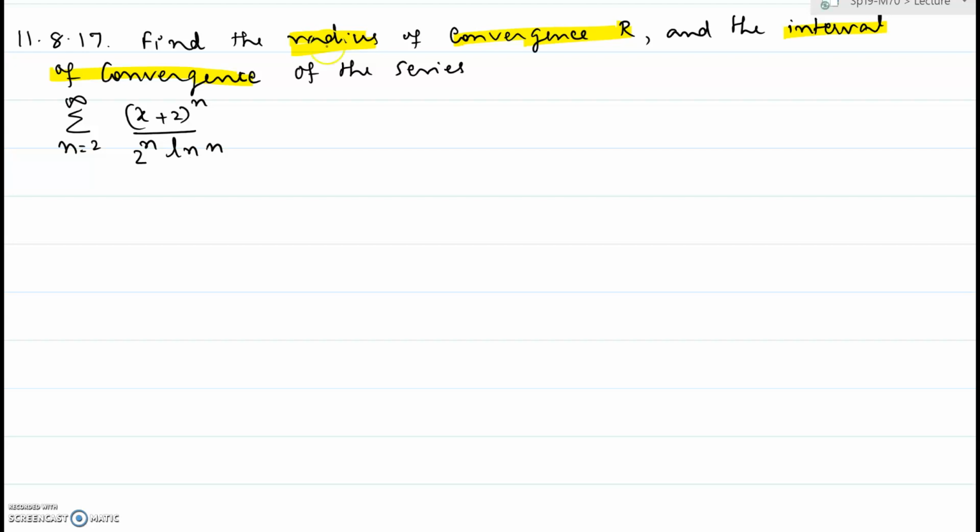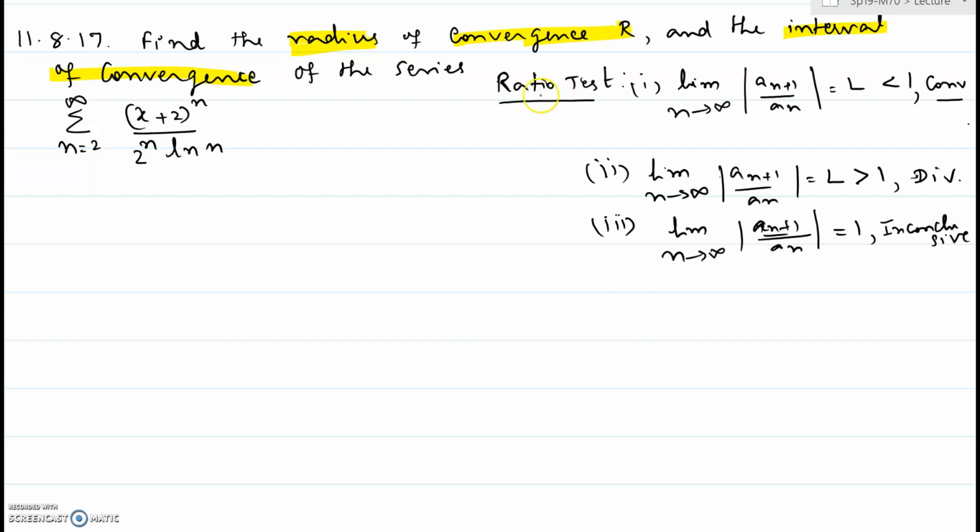Anytime when the question is about radius of convergence, we will be using the ratio test for convergence. So what is ratio test? If limit as n approaches infinity of absolute a_(n+1) over a_n is L, and if that L is less than 1, then the given series is absolutely convergent and hence convergent.